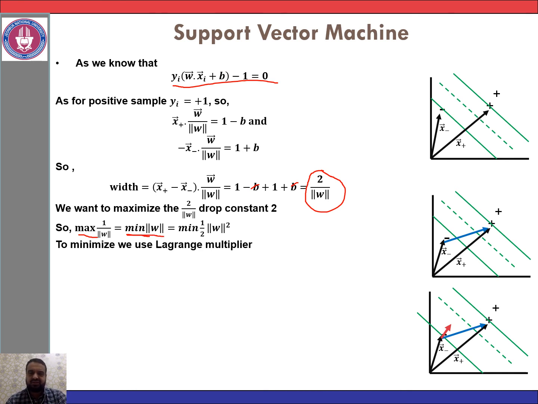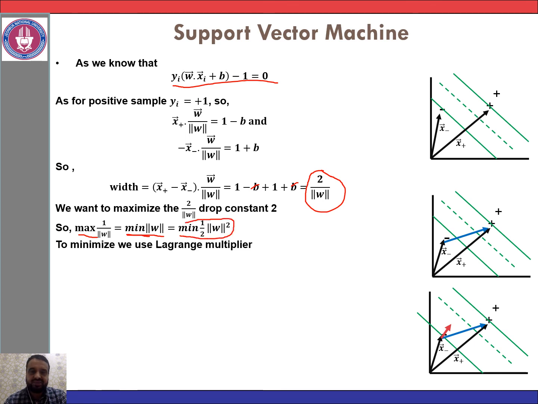Now for mathematical convenience, when we take the derivative, we normally take 1/2 of the square of that objective. So what we did here is multiply it by 1/2 and take the square of this. So when we take the derivative, this 2 will cancel out with this half. So the final equation we need to minimize is given by this one.